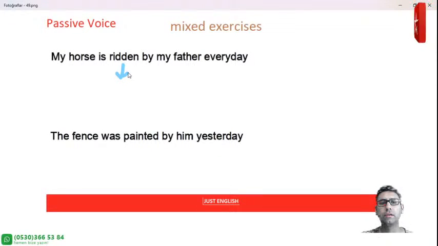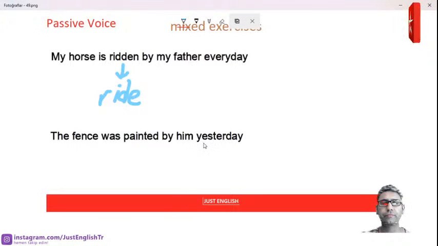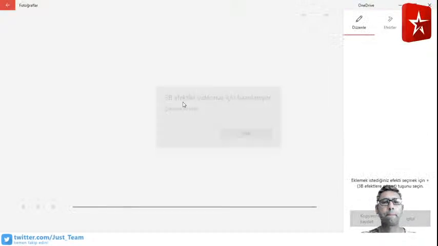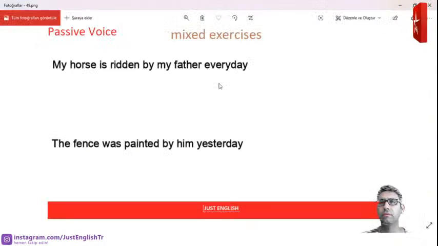Ridden. So, if I could draw, okay, ride, okay. My horse is ridden by my father every day.